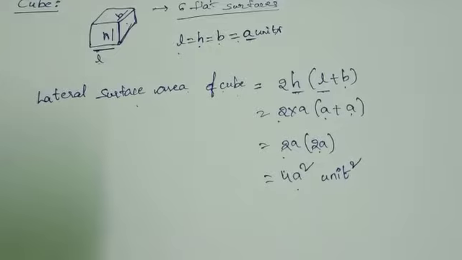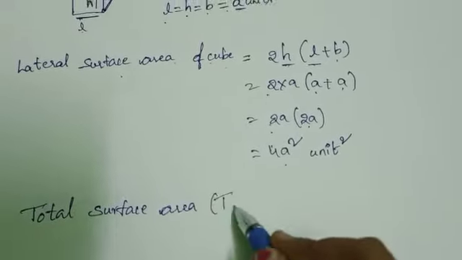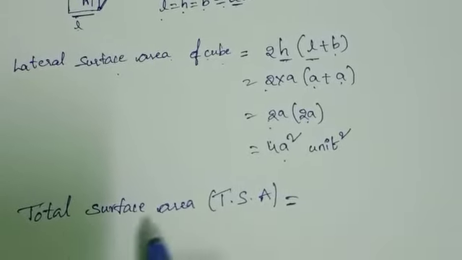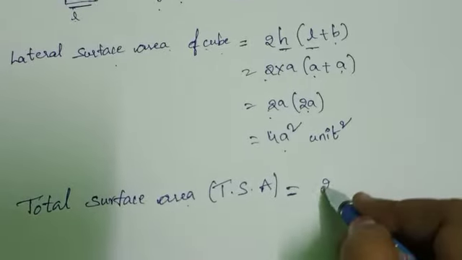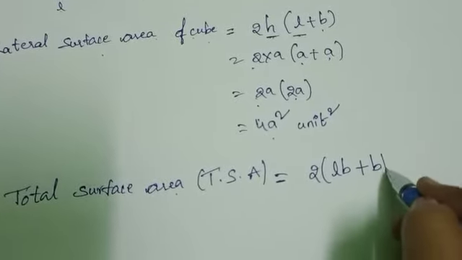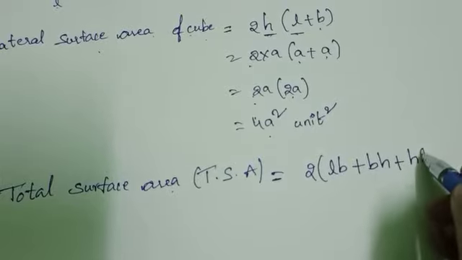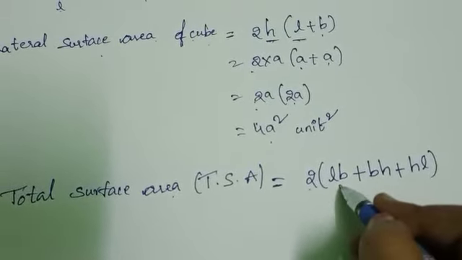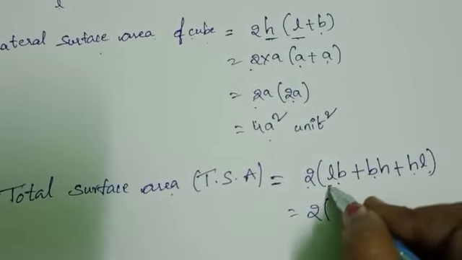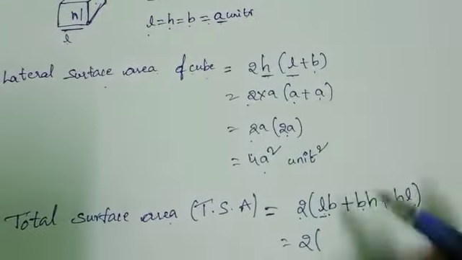Next one, total surface area. Total surface area represented with short form TSA. We know total surface area of cuboid equal to 2 into (length into breadth, breadth into height plus height into length), 2 into (LB plus BH plus HL). L equal to H equal to B equal to A units.